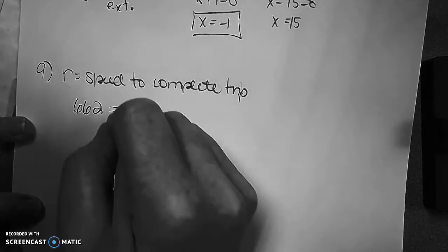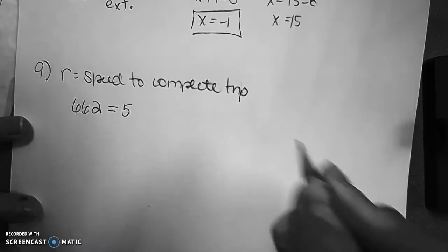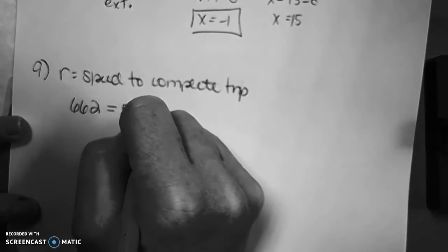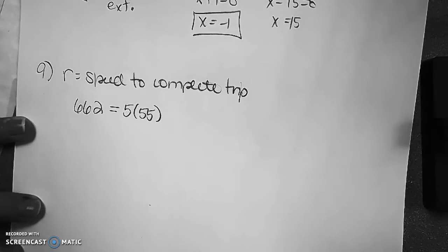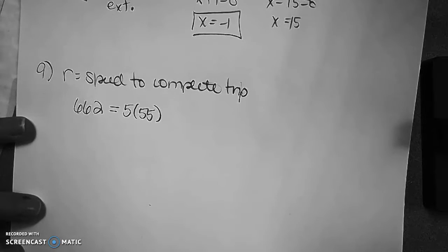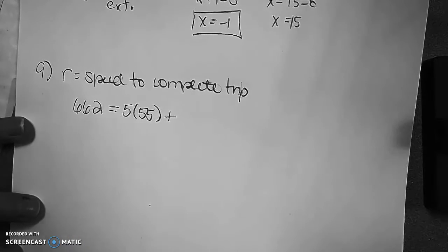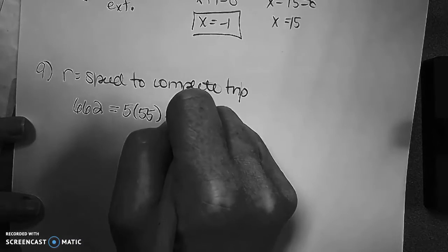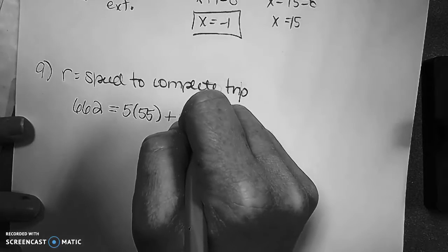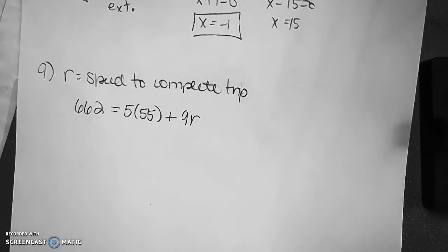So if I take 5 as a time times 55 as a rate, that's giving me part of the distance. To get the total distance of 662, he's going to spend the remaining time, which will end up being 9 hours. And we don't know how fast he's going, so we'll call that R.